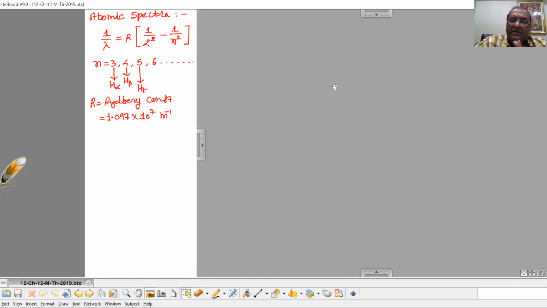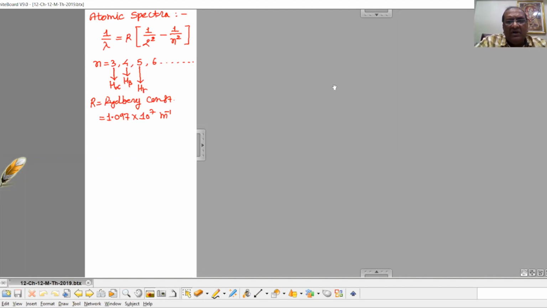He observed this in the atomic spectra. Which one was line spectra? Are you clear about the continuous spectra and line spectra? Yes or no? Yes, sir. Good.